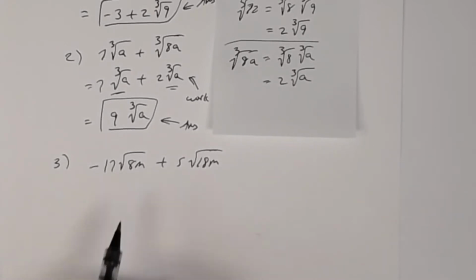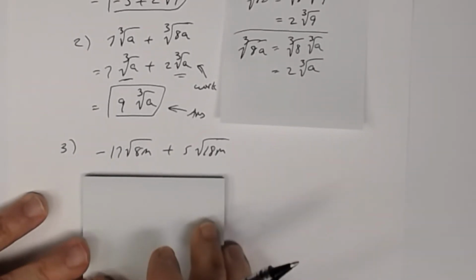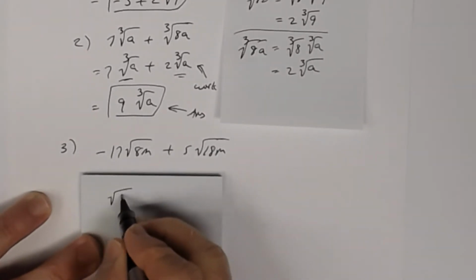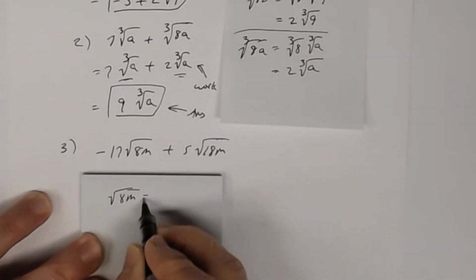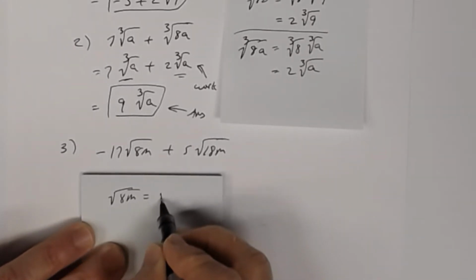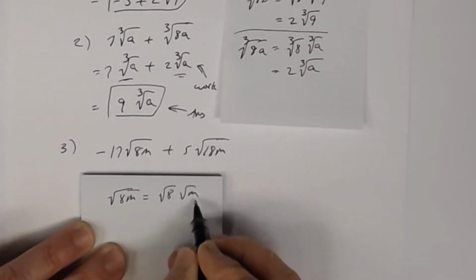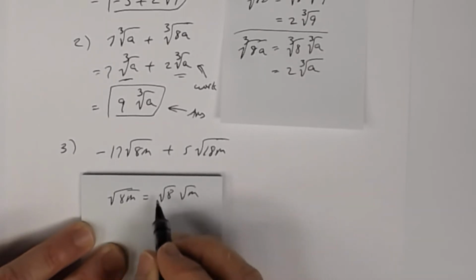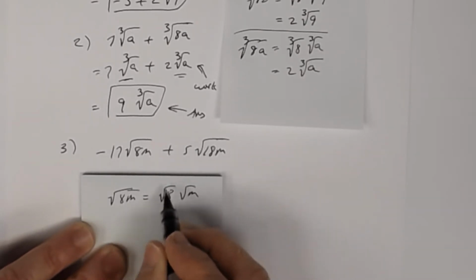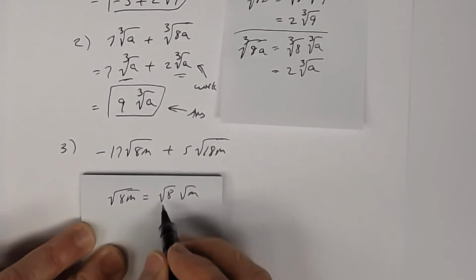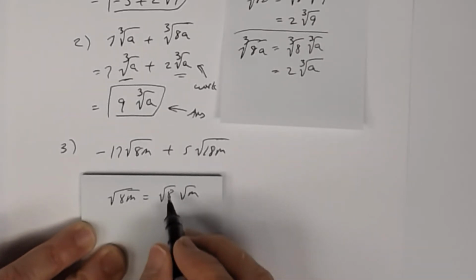All right, so let's talk about the square root of 8m. So the square root of 8m, using the product rule, is the square root of 8 times the square root of m. I cannot simplify m any further because the exponent of m is 1 and 1 is less than 2. But I can simplify the square root of 8 because the largest perfect square that goes into 8 is 4.